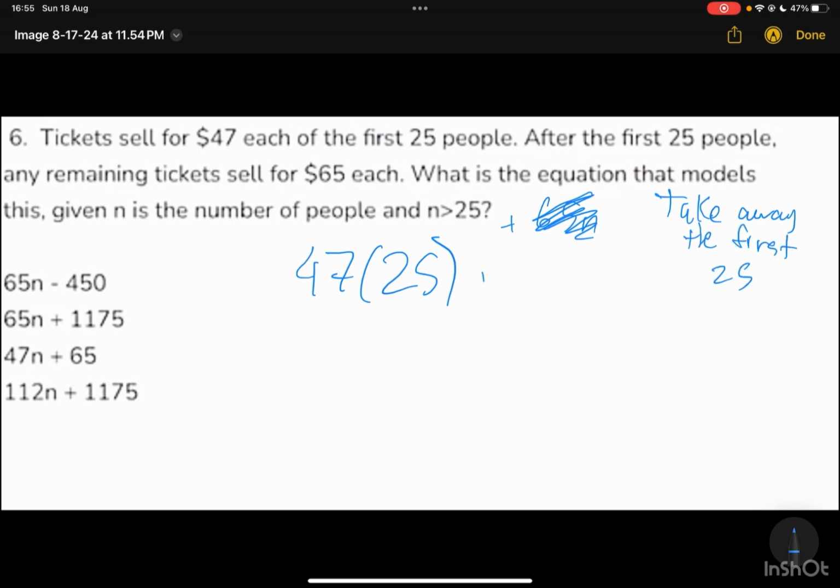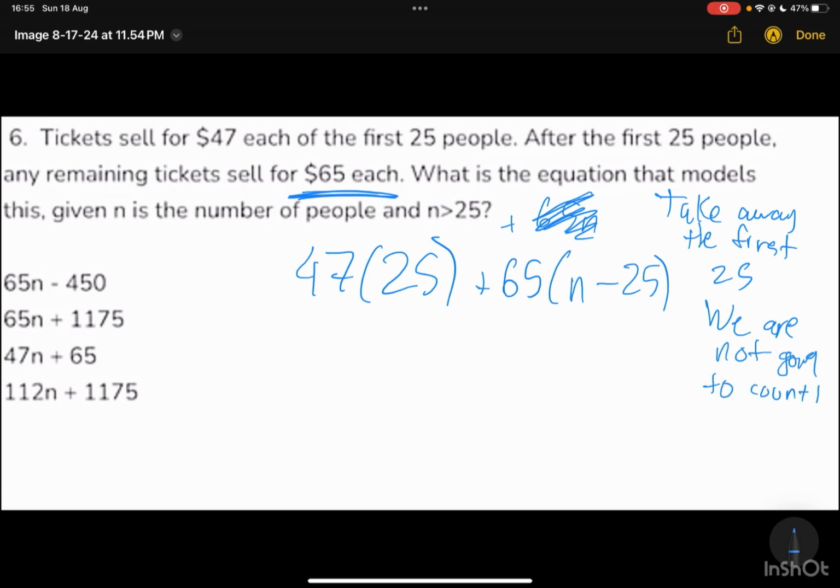So we're going to have plus 65, for $65 each, we're going to have 65 times (n minus 25). We are not going to count the 25 people twice.